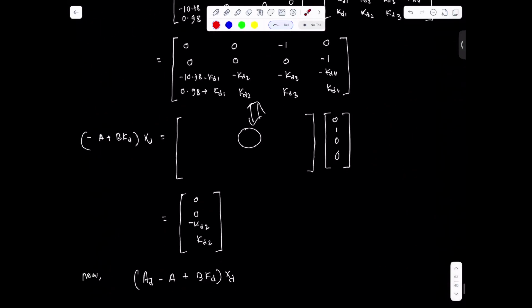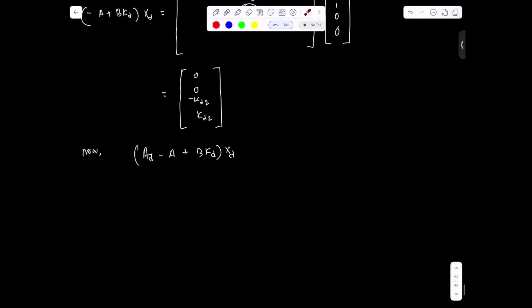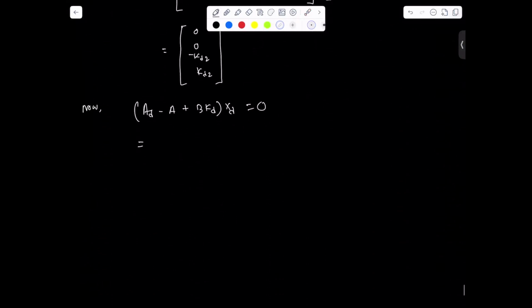That's why we are not taking this into account. So equal to 0. And from this, we can find 0, 0, minus KD2, KD2 equal to 0. Right.